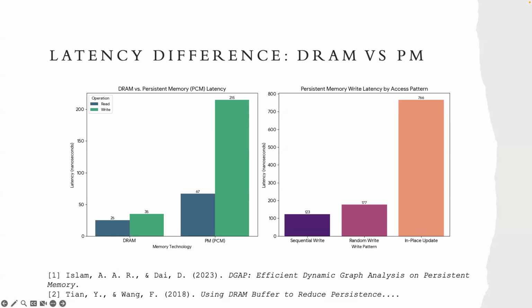I guess here the sequential write should be writing to an empty block, right? Yeah, we are just appending data sequentially. Okay, good. But in place updates, we are maybe shifting the whole block to the left or right.